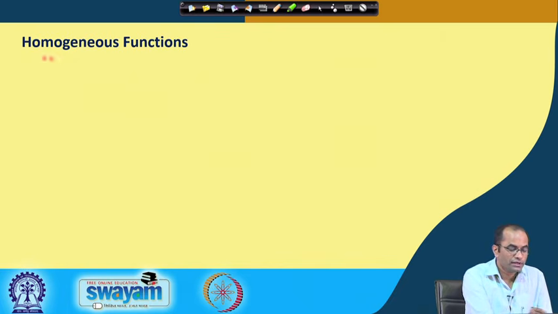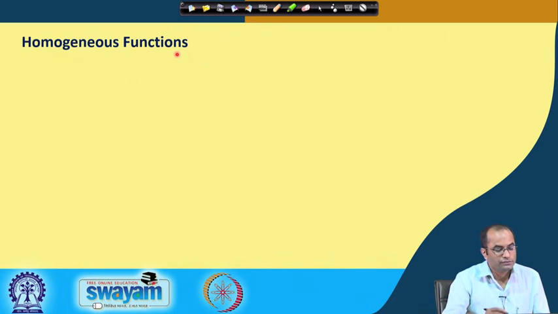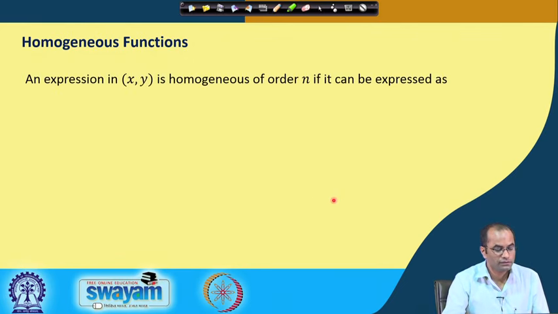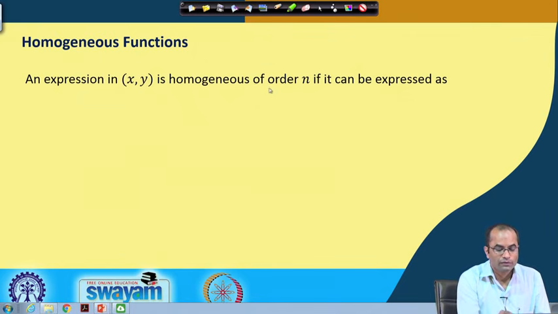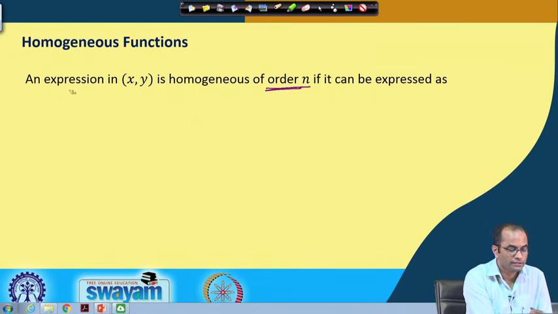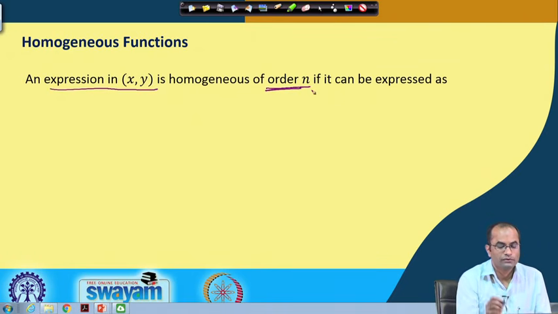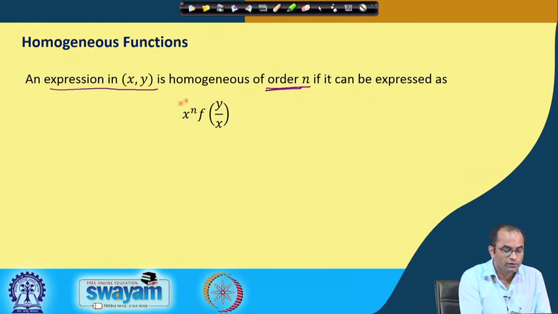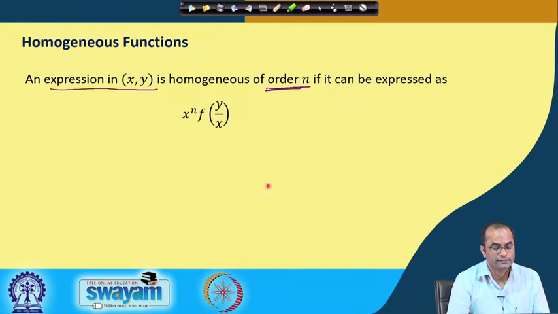So, another part of this lecture is to define the homogeneous functions. So, what are the homogeneous functions we will learn now. An expression in x and y is homogeneous of order n if it can be expressed in this form, x power n and some function of y over x.